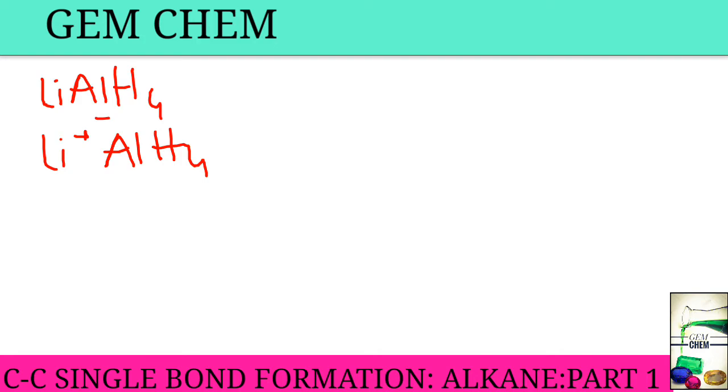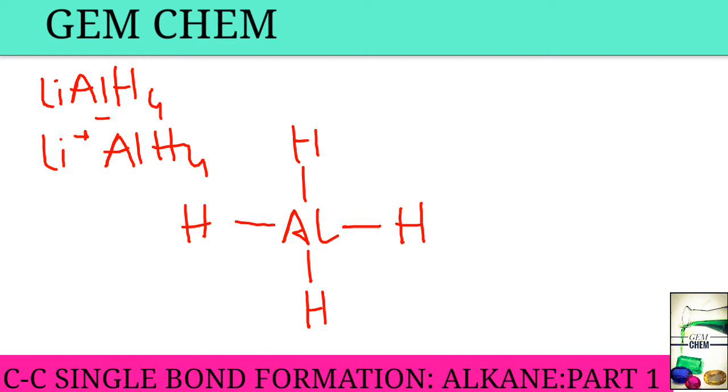So AlH4 minus can also be written as Al with H, H, H and H, right? This negative sign is present because aluminum has 3 bonding pairs of electrons and this is the excess one. So it will try to become neutral, so it will give up one hydride to become neutral. Thus we get this one as our alkyl halide.